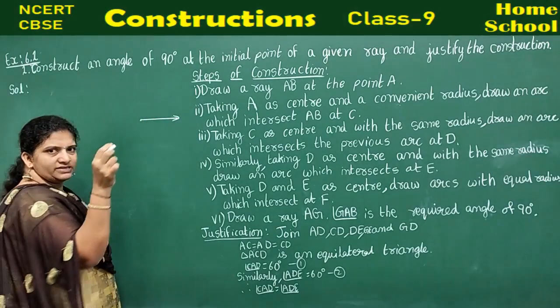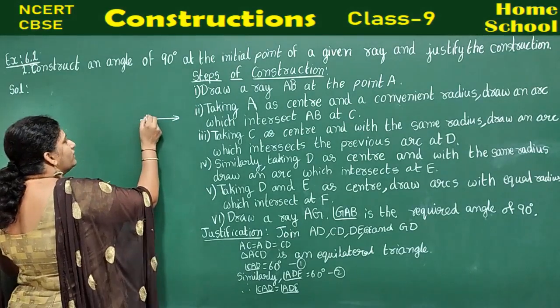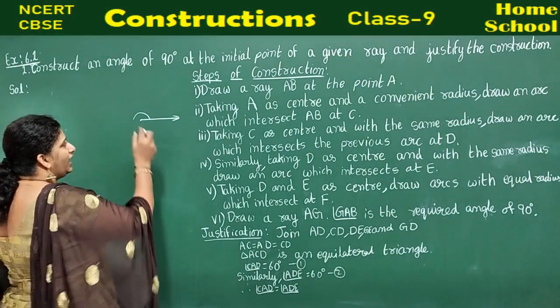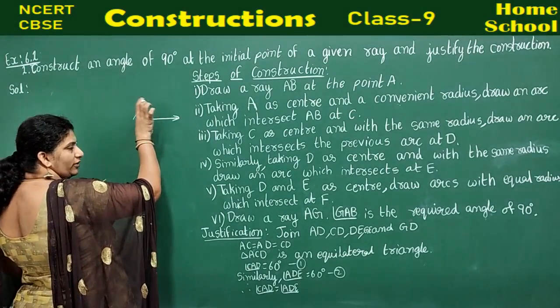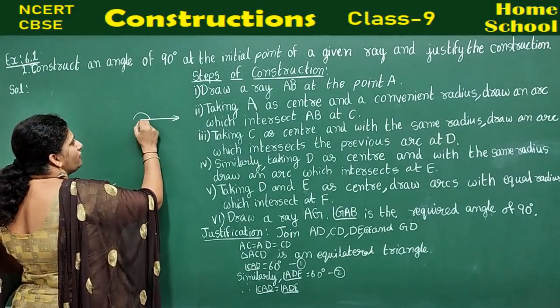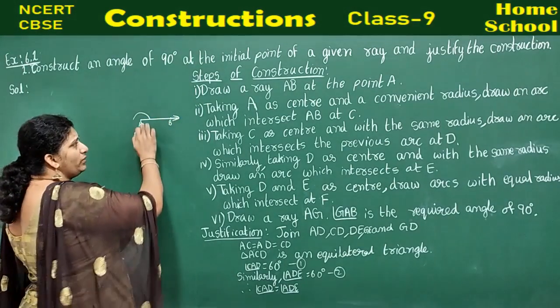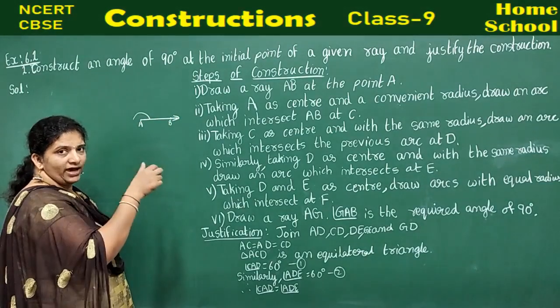So some radius I have taken here, with the compass you need to do this. Okay, some arc I have drawn. Now lift your compass and put the sharp point here. Suppose you mark it with the letter A, and B is a ray. With A as a center, with a convenient radius, draw an arc.